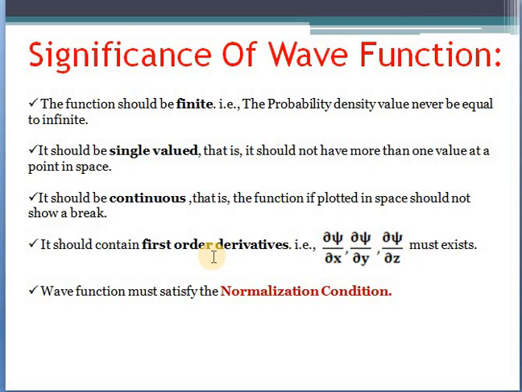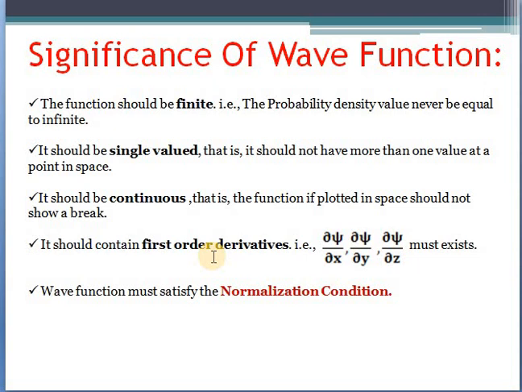Now, how should psi be, what you have defined as the wave function? Can anything be considered as your wave function? No, it must satisfy some conditions. First, the psi you have chosen must be finite.